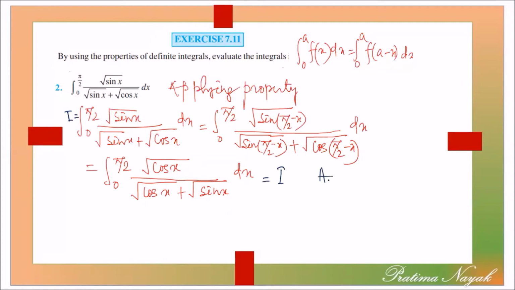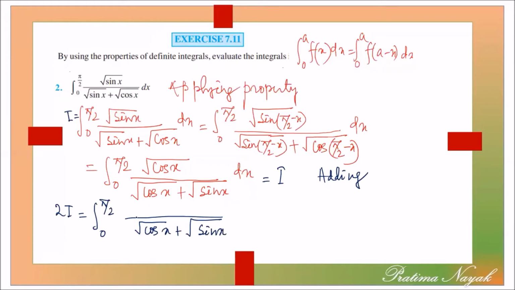Adding these two expressions, I'll get twice I is equal to 0 to pi by 2. You see both have the same denominator, only the order is different. So here you will add the two numerators. Here is under root sin x, here is under root cos x. So this will be cos x.